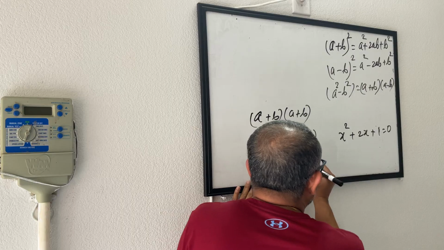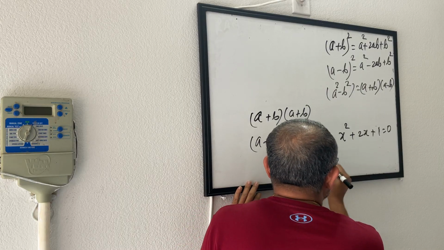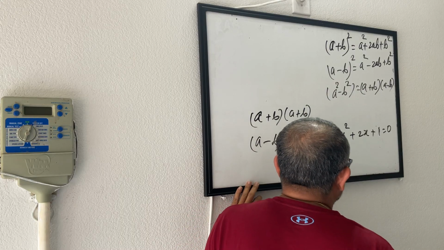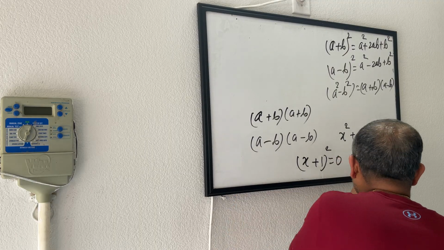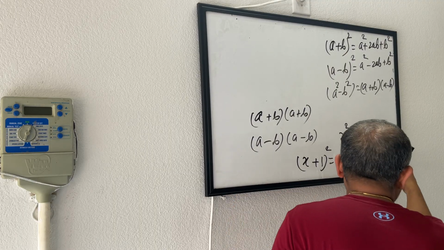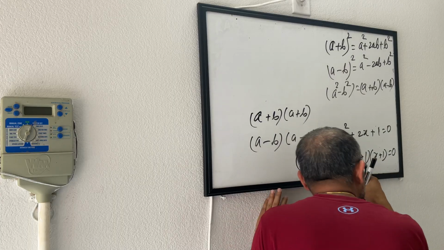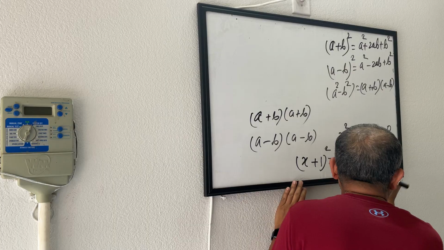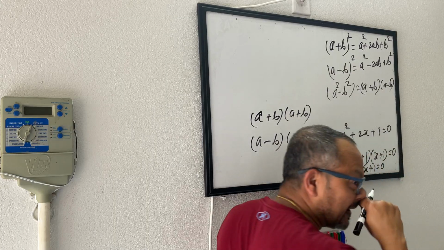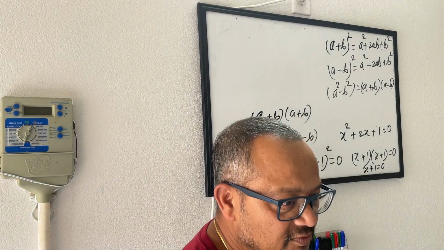So that means (x plus 1) whole square equal to 0. That means (x plus 1) into (x plus 1) equal to 0. How will this be 0? Either this is 0 or this is 0. Both are the same thing. So x plus 1 equal to 0. From this you find the answer: x equal to minus 1.